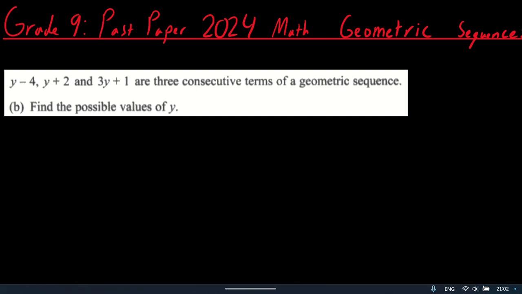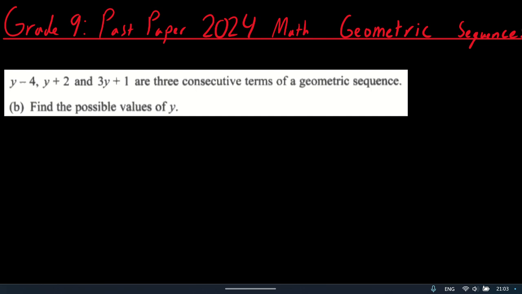We're going to specifically try to solve a past paper question from 2024, Maths Higher Level Paper 3. It was at the end of the test and it's a grade 9 question.